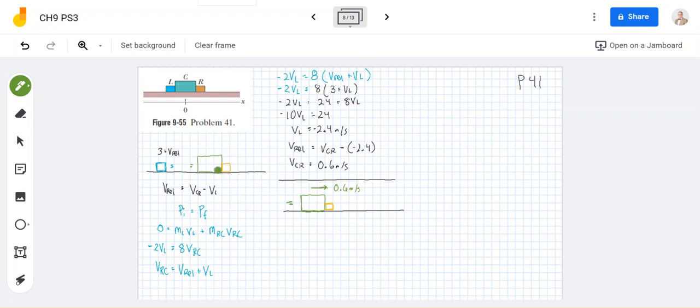Now, the after picture for this one, which I find really interesting, is going to have this block again, and it says that it shoots it off at 3 meters per second relative to the after speed of this guy.